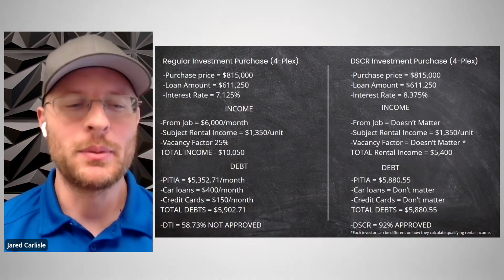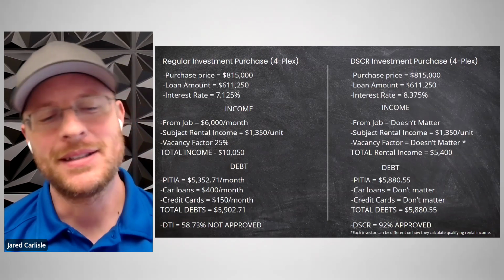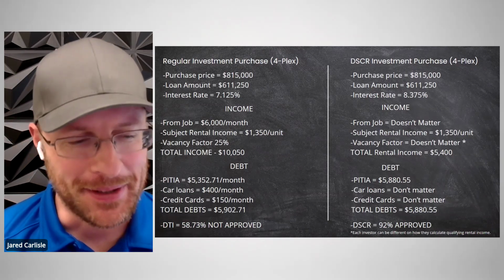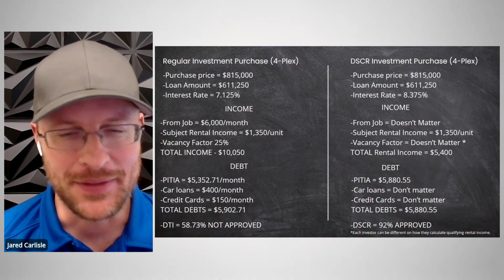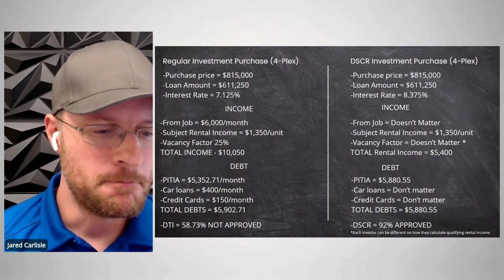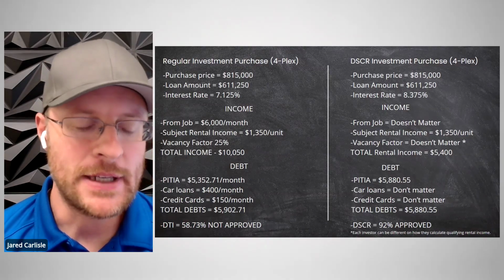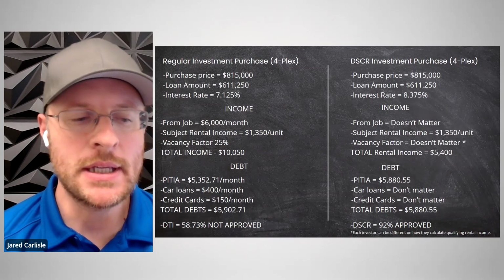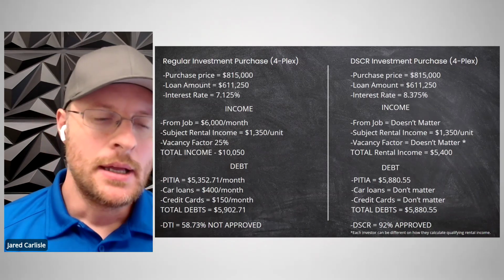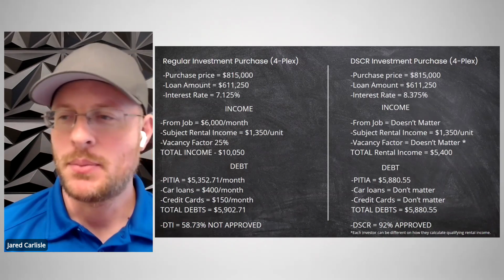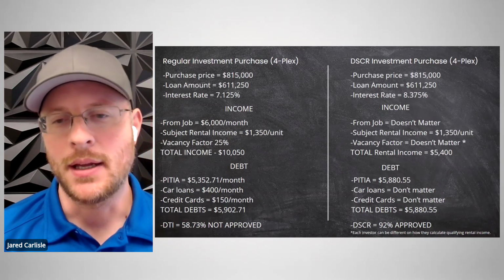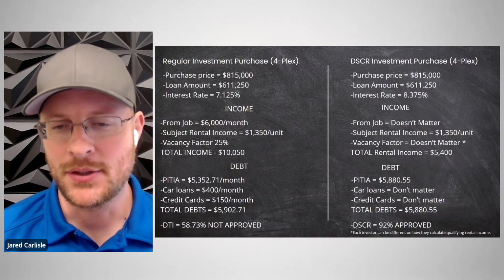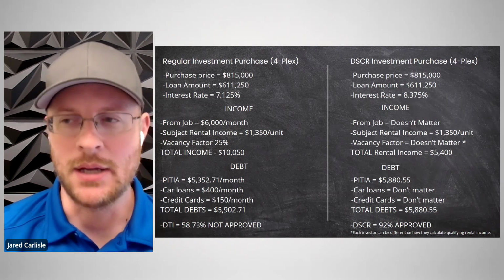So we'll be a little bit conservative here and a little bit not. It's only 400 in this case. Maybe they only got one or whatever. Everything's so expensive nowadays. So you end up with total debts of 5,900 bucks. And then if you did the debt to income ratio, that's important. You looked at it, that's about a 58% debt to income ratio. You are not getting approved for a conventional investment property purchase at 58%.